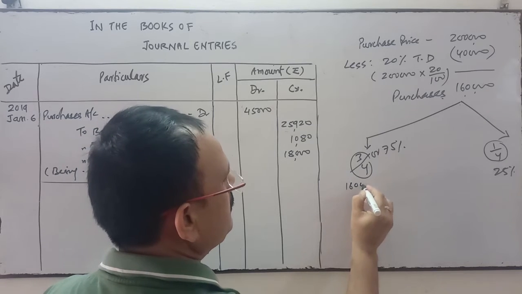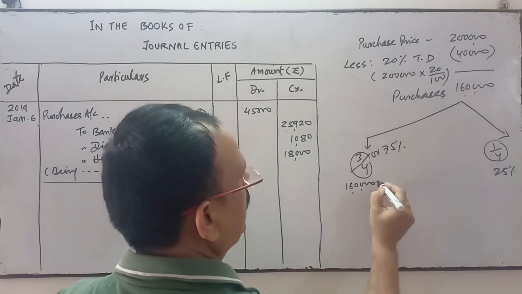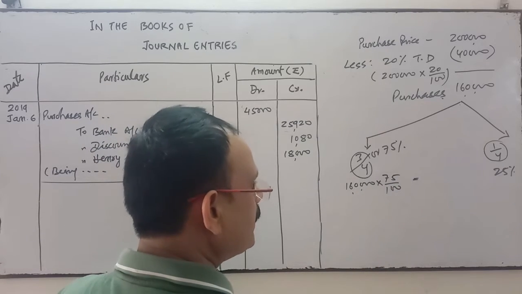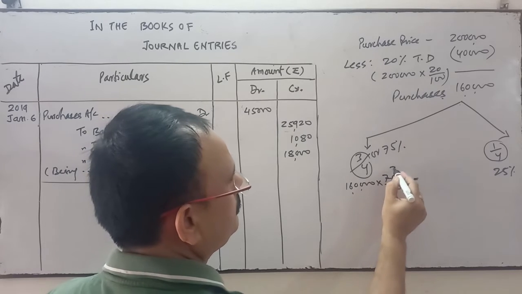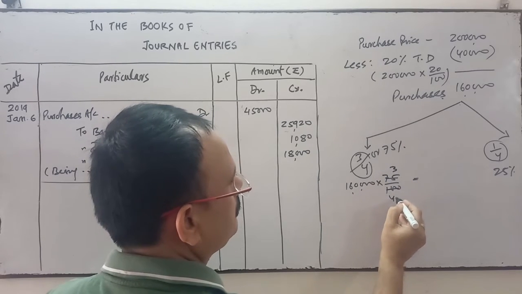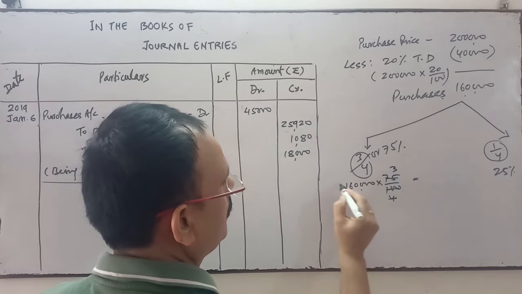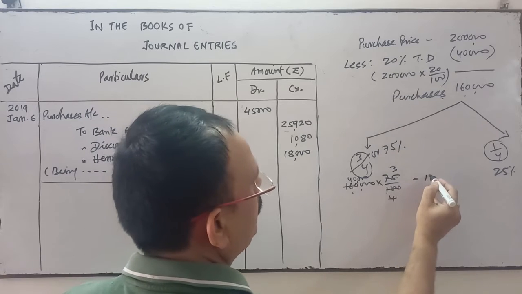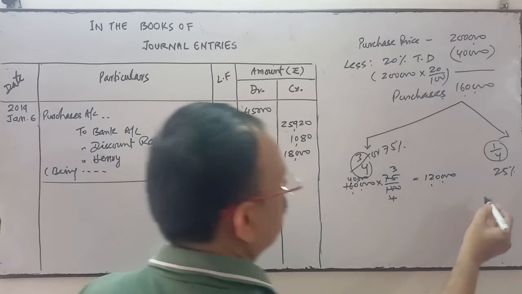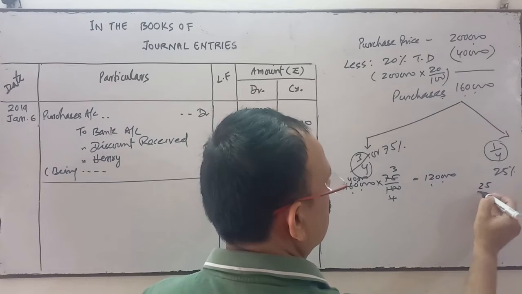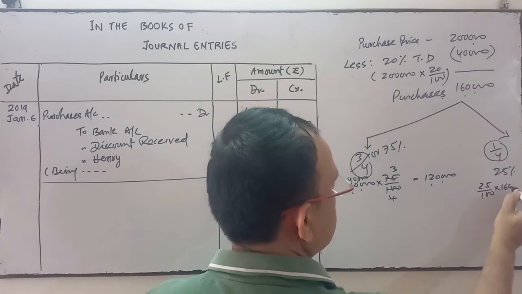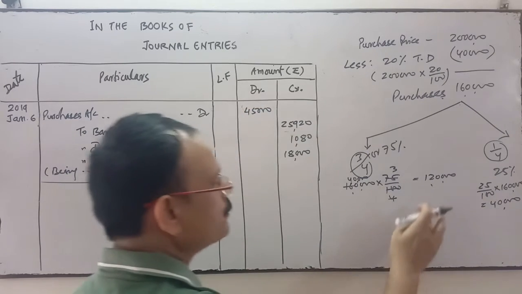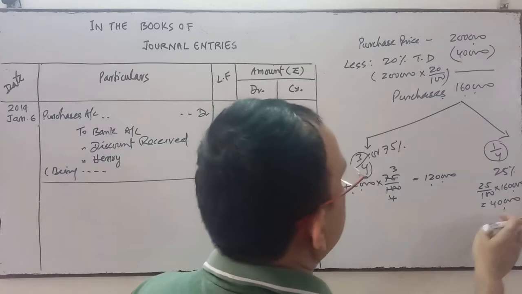So 1,60,000 into 75 by 100 is 1,20,000, and 25% of 1,60,000 is 40,000. So this one is cash purchase, this one is credit purchase.